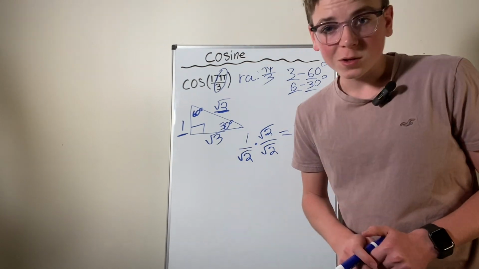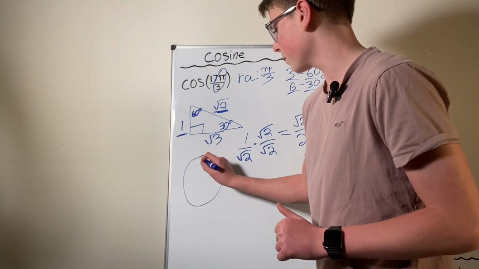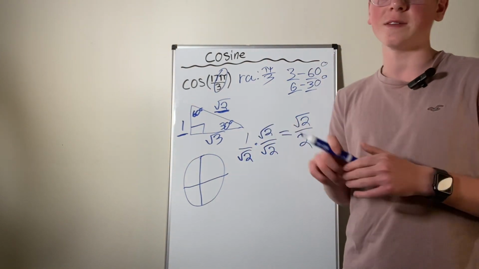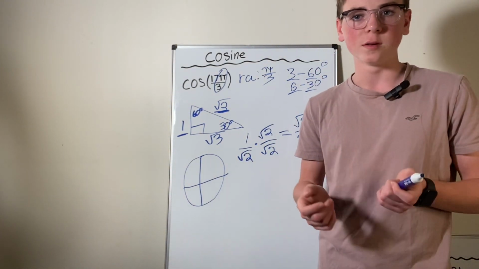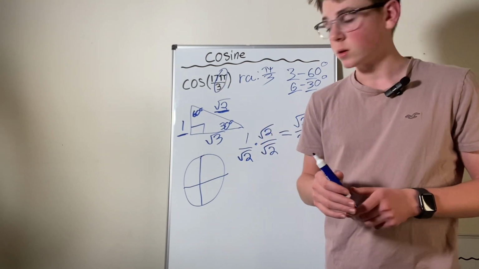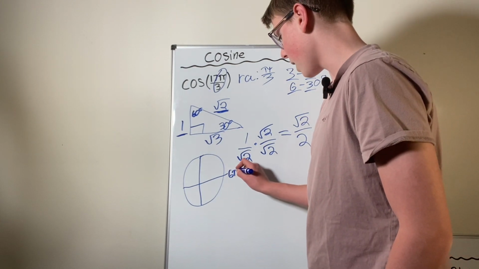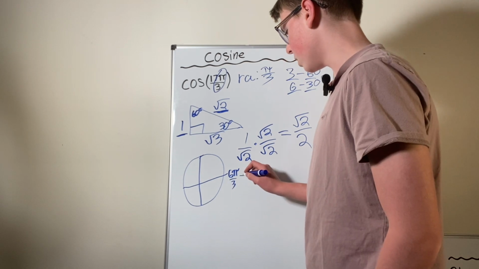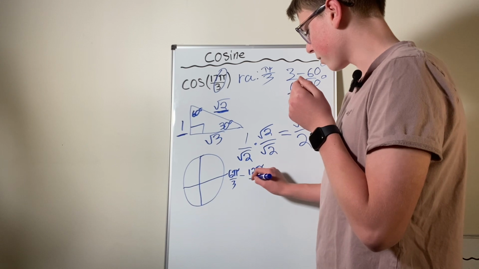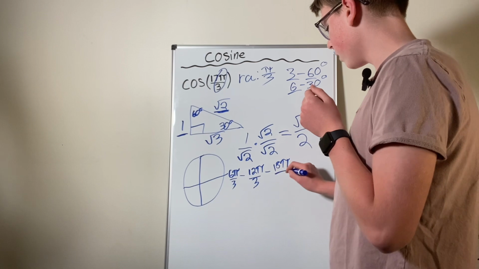But now find the quadrant of 17 pi over 3. So make your unit circle, right? And if we think about this, I know 17 pi over 3 is more than 2 pi rotations because a 2 pi rotation is 6 pi over 3. So this rotation is 6 pi over 3, and then it's also 12 pi over 3, and then it's also 18 pi over 3.